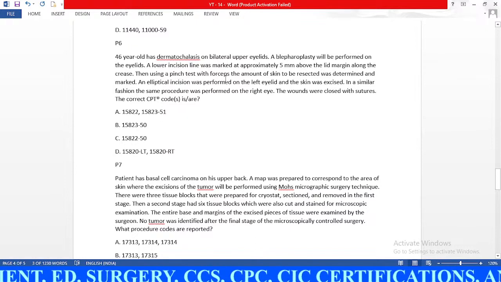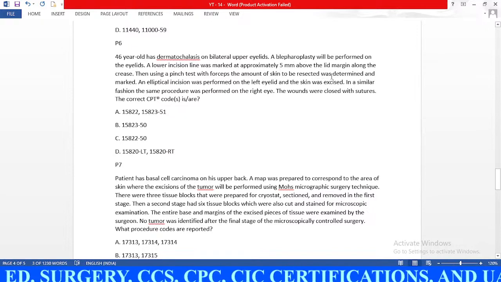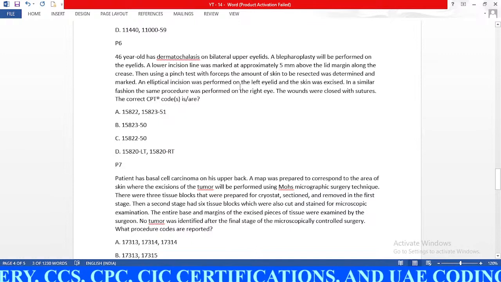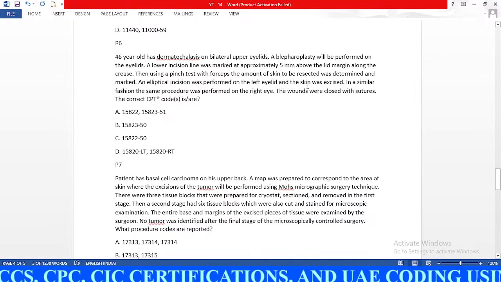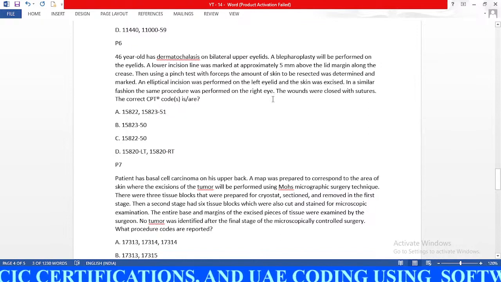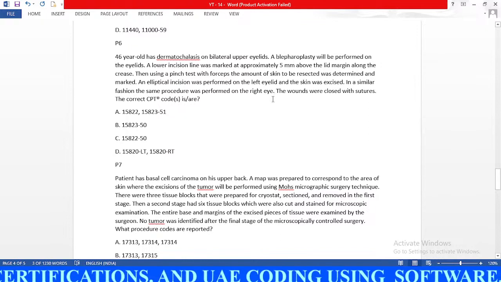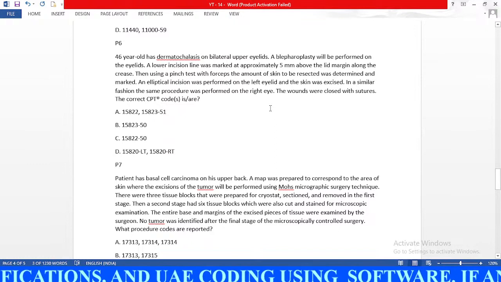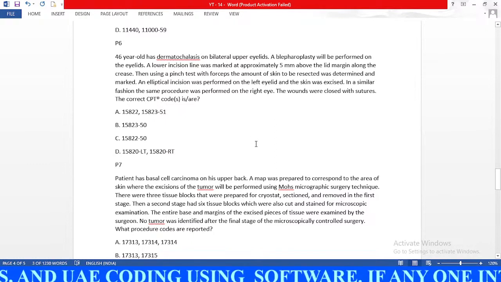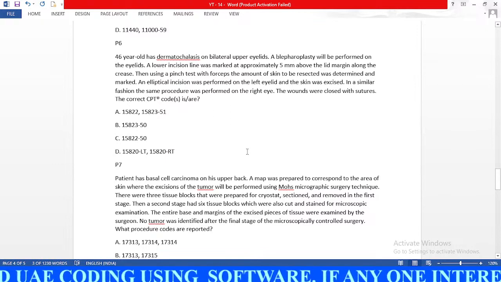Then using a pinch test with forceps, the amount of skin to be resected was determined and marked. An elliptical incision was performed on the left eyelid and the skin was excised. In a similar fashion, the same procedure was performed on the right eye. The wounds were closed with sutures. The correct CPT codes are 15822, 15823, 15822, 15820.